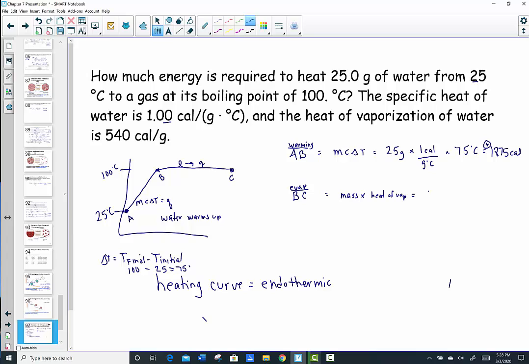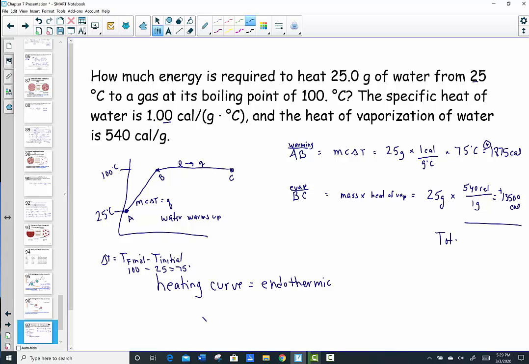And all that means is it takes 25 grams multiplied by 540 cals per gram, and we'll solve for the heat required to vaporize 25 grams of liquid water. 25 times 540 is 13,500. Again, a heat absorbing process.